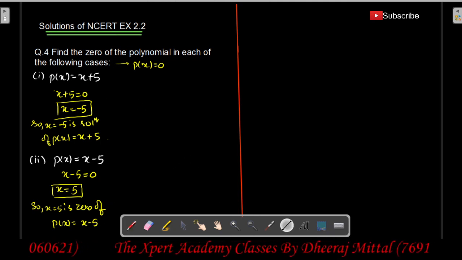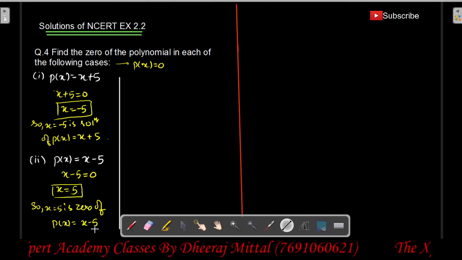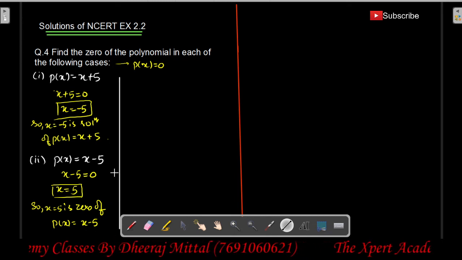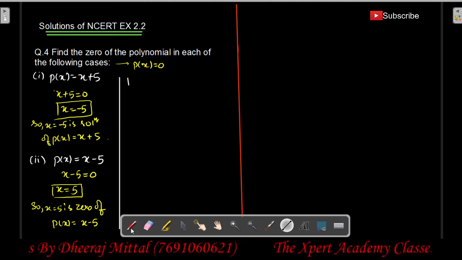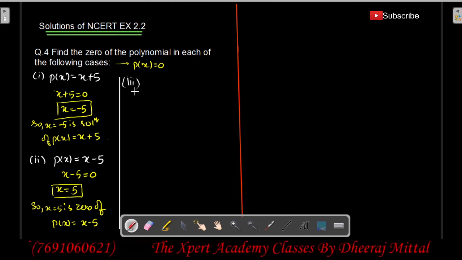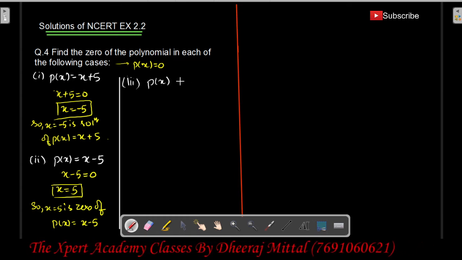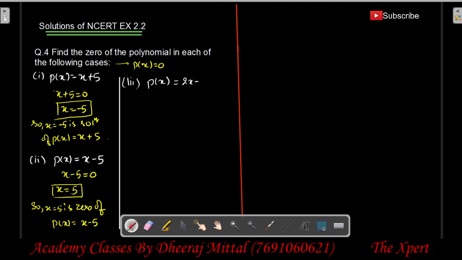Similarly, now some more parts. Part number third, p(x) is equal to 2x plus 5.